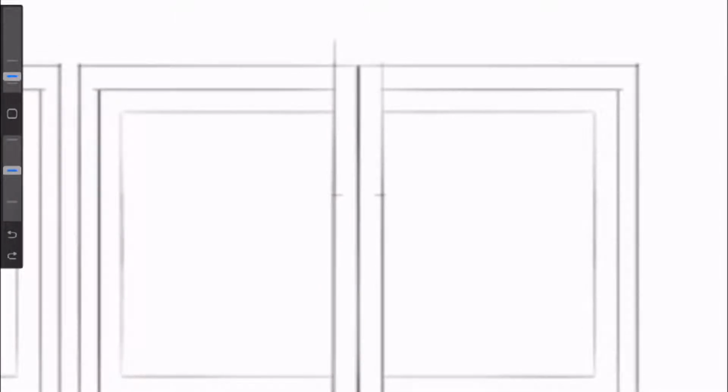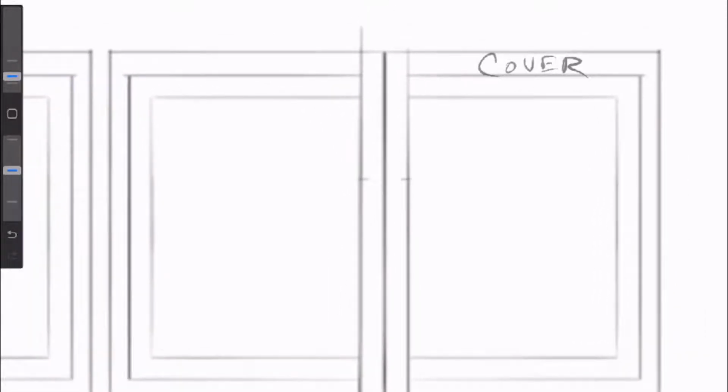This is our cover. And I usually think of my cover last, honestly. I'm more of an interior page type of person, so I'm always thinking about the situations that are going to happen there. For the most part, that's how I like to do things.